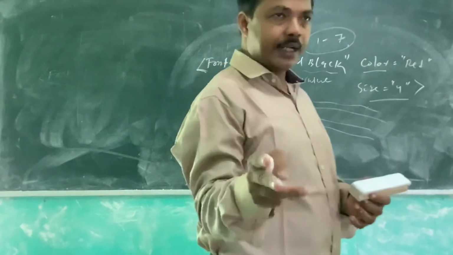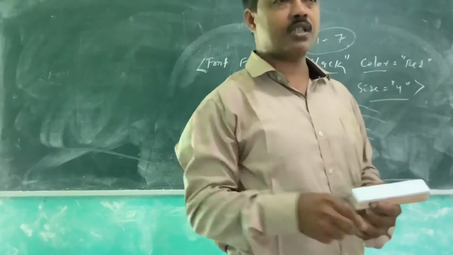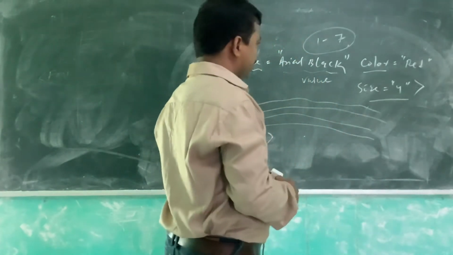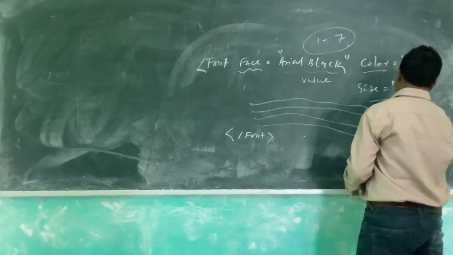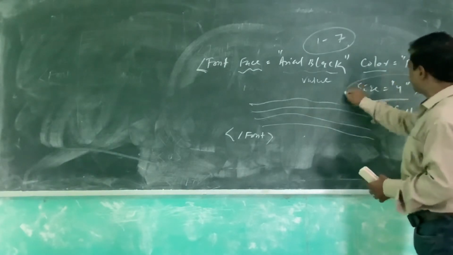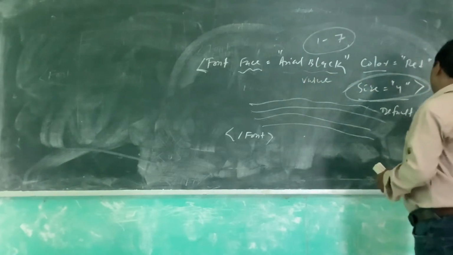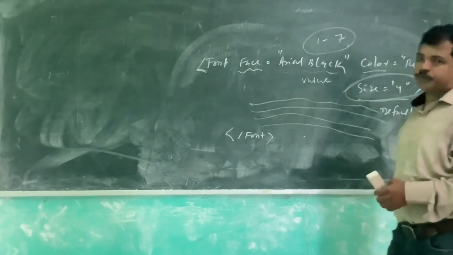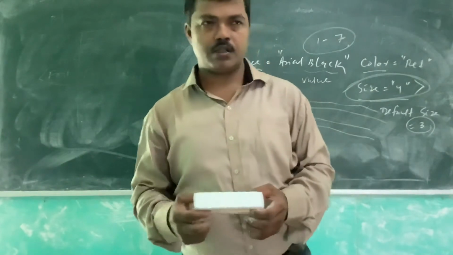The headings are 6 headings from 1 to 6, but the font size is from 1 to 7. And remember the default font size: if you do not use this attribute in the font tag, the default size of letters will be 3.